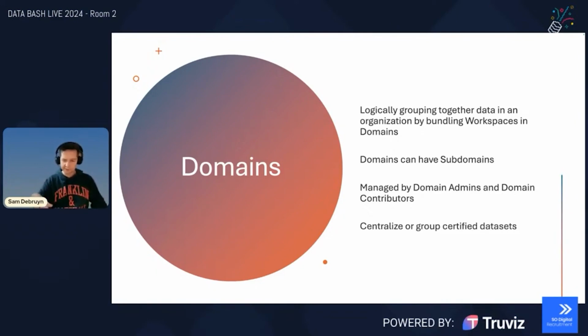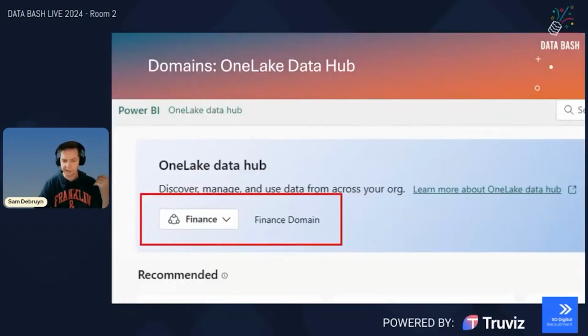If you have different workspaces and they all belong to the same domain, you can link them together this way. And then maybe you want to look into data from the finance domain, they go to your OneLake data hub, and then you can see all the workspaces or the data inside the workspaces from the finance domain by filtering on this. These are domains, so they have their role.